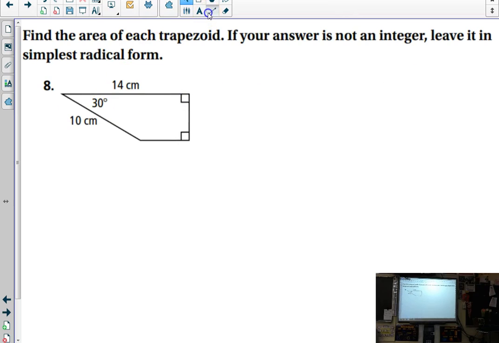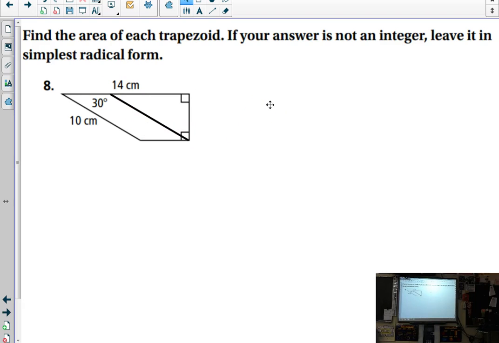Well, we could actually draw a line parallel to this line and the same length. I'm just talking about other ways to solve. I could drag this over to this point and make a parallelogram and a triangle. And I still have a 30, 60, 90 triangle. And I can still solve exactly like I did. And I know that this is still 10.